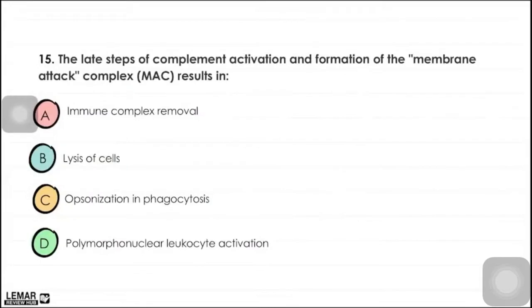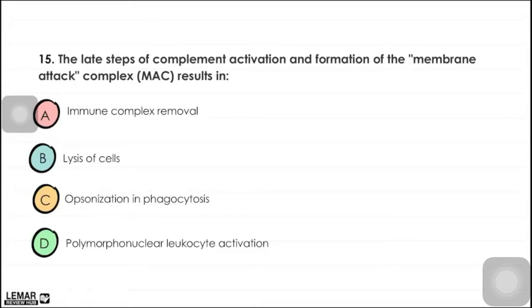We have number 15, the late steps of complement activation and formation of the membrane attack complex results in, we described this earlier, letter A, immune complex removal. B, lysis of cells. C, opsonization in phagocytosis.